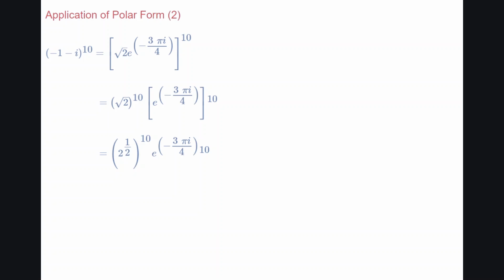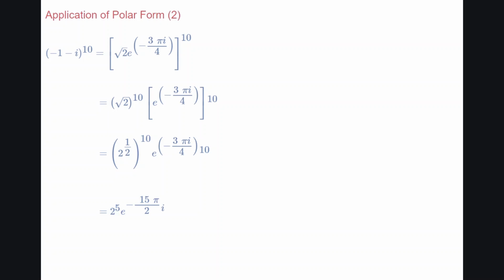And now we write the root 2 as 2 to the power of a half. And for the exponential term, we remember that when you have a term already in index form and it's raised to another power, you multiply the indices. So that becomes e to the minus 3 pi i on 4 multiplied by the 10.